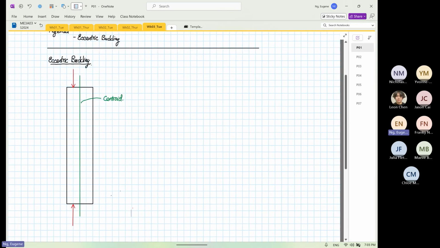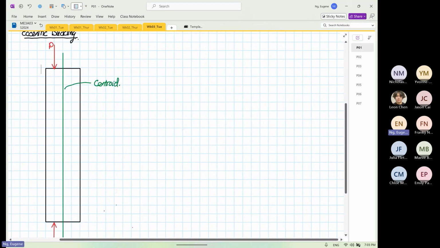So you can see that the applied force P and P prime are a certain distance away from the centroid.